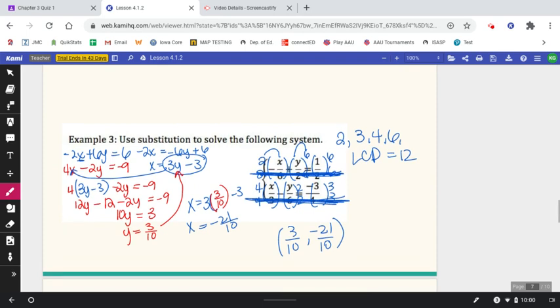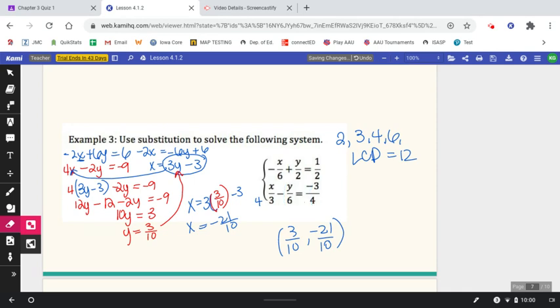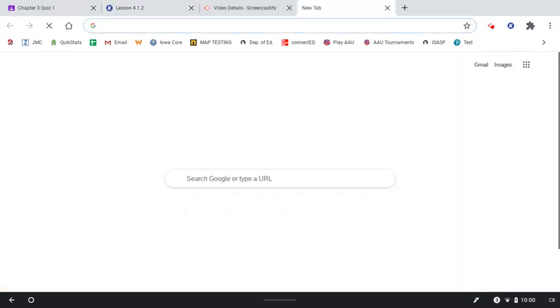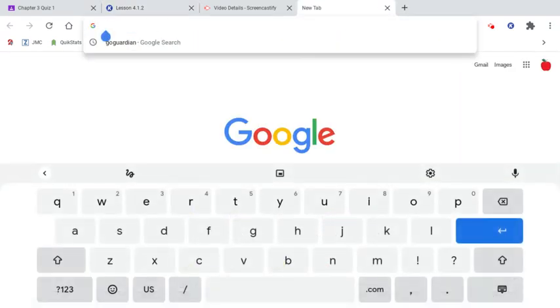I'm not feeling super confident about these two equations, that they cross at 3/10, -21/10. So the good thing is that we could always check them on our graphing calculator. I'm going to go ahead and type in Desmos.